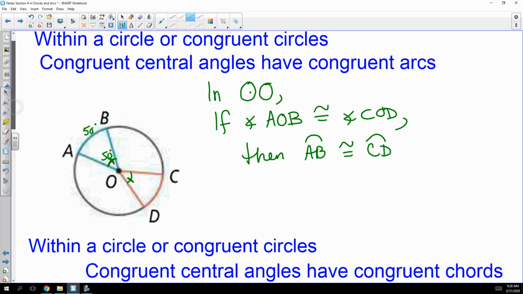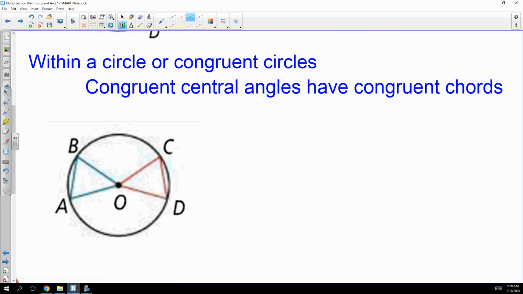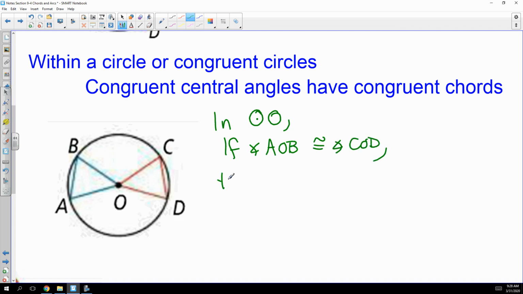Those are not vertical angles, so just be careful. You can have vertical angles inside a circle, but in that particular picture, those are not vertical angles, okay? Within a circle or congruent circles, congruent central angles also have congruent chords. So in circle O, if angle AOB is congruent to angle COD, then chord AB is congruent to chord CD.